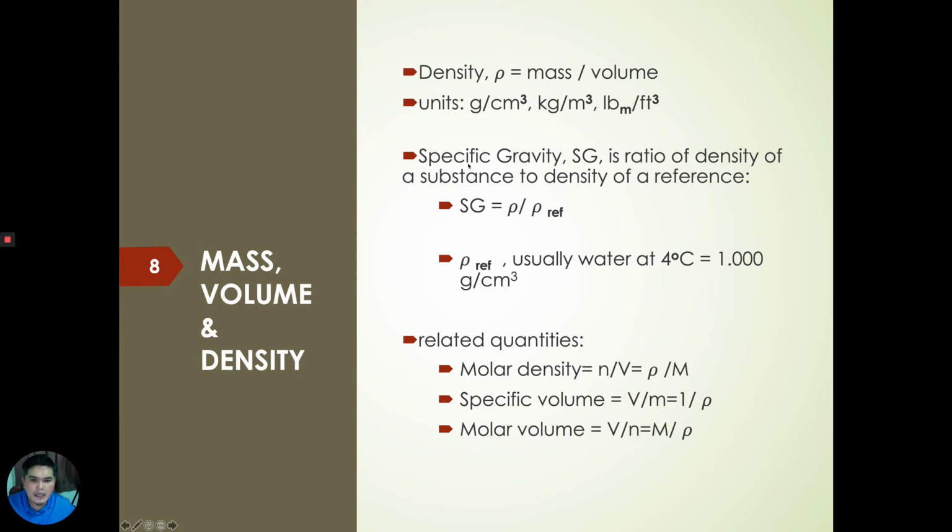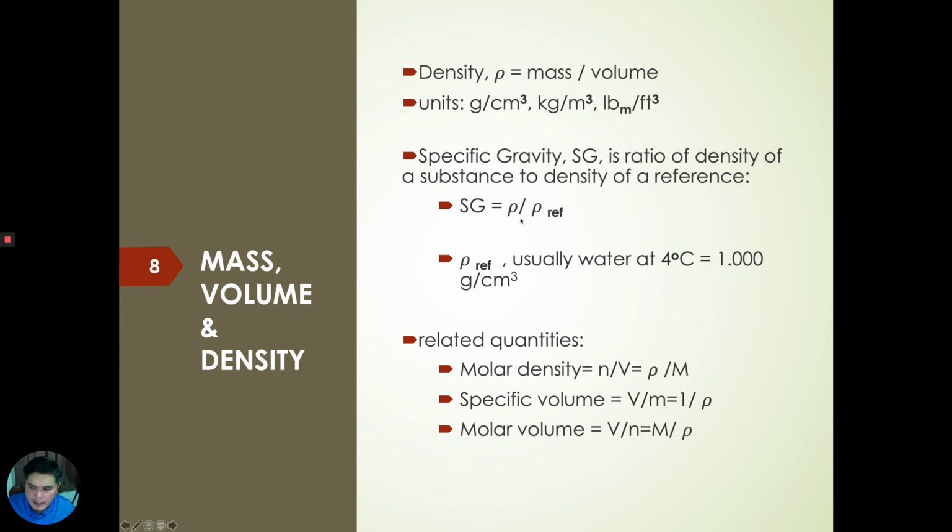On top of that, we can also use specific gravity to measure the ratio of the density of a substance to the density of a reference. Let's say we have one reference density, usually water, at 1.000 gram per cm cubed. We can calculate the specific gravity with respect to water of another component.